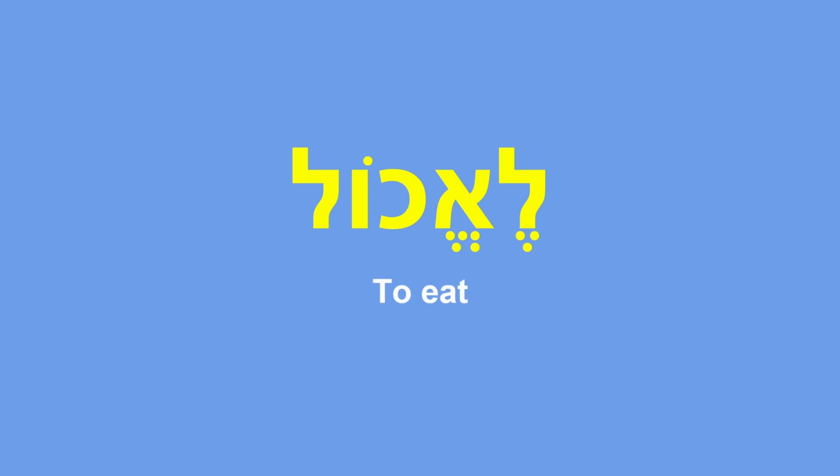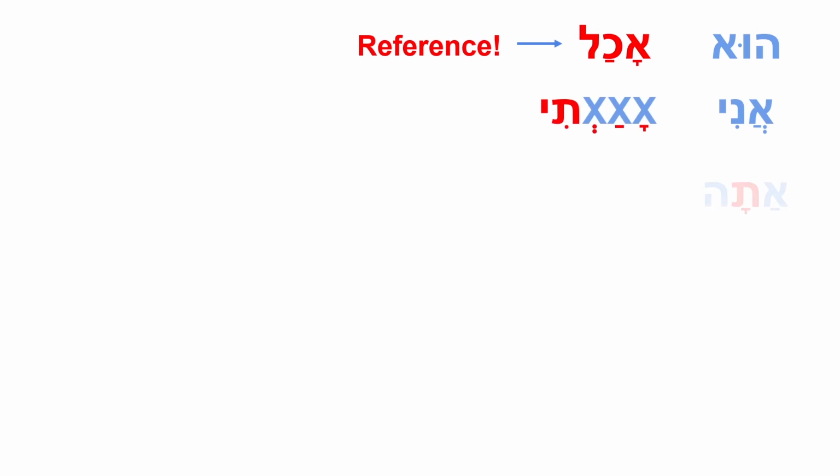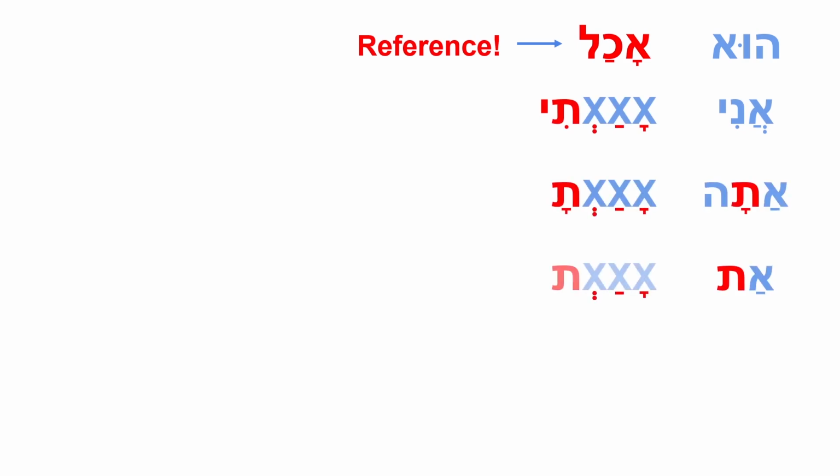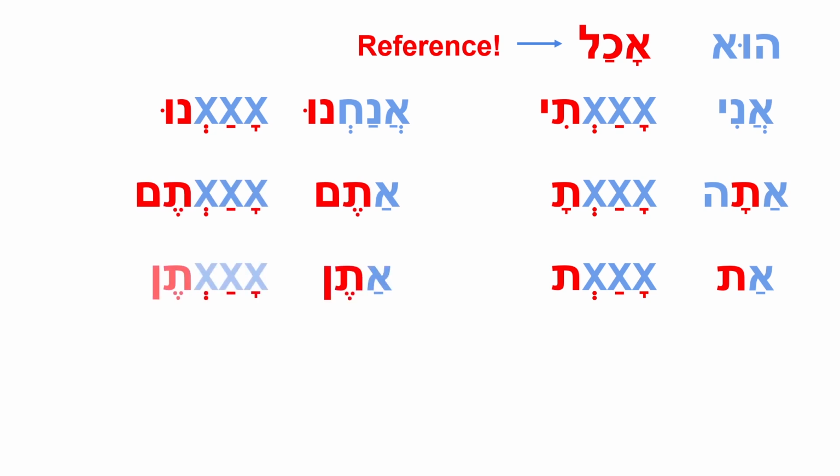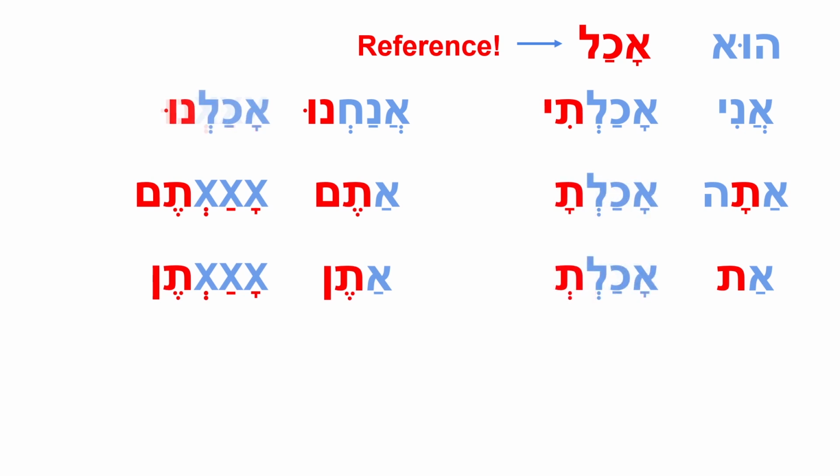Le'echol, to eat. Hu achal, it's the reference. Ani ends with ti, ata ends with ta, at ends with tu, anachnu ends with nu, atem ends with tem, aten ends with ten. So hu achal, ani achalti, ata achalta, at achalt, anachnu achalnu, atem achaltem, aten achalten.